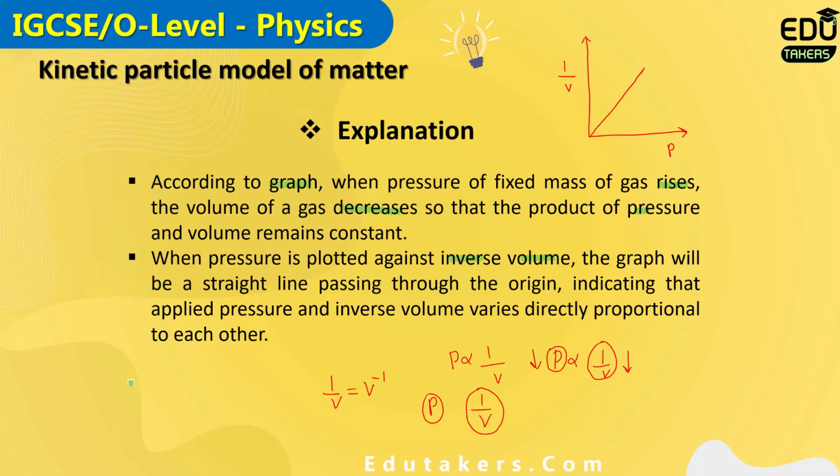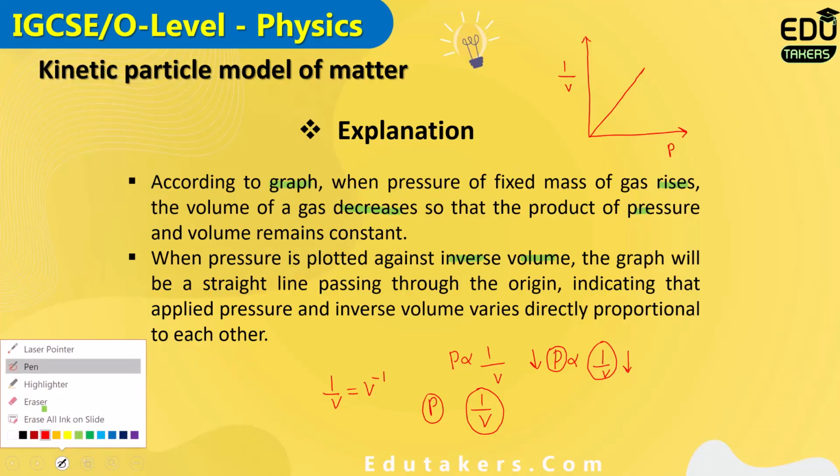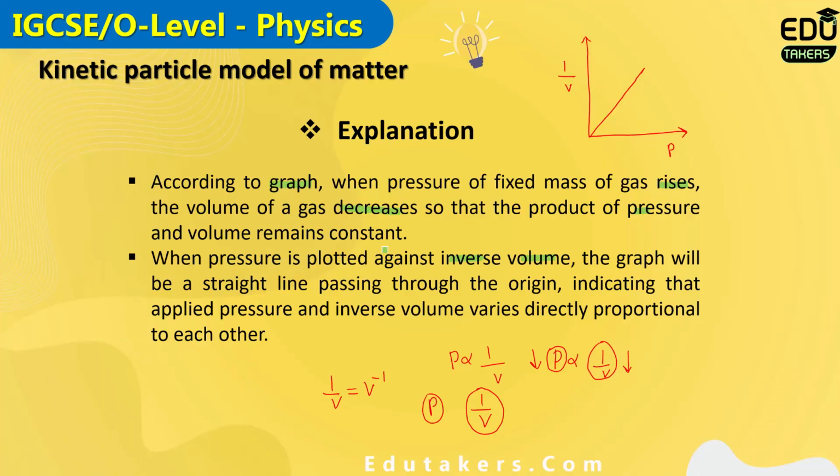The same thing is given here. When pressure of the gas is plotted against the inverse volume, the graph will be a straight line passing through the origin, indicating that the applied pressure and inverse volume vary directly proportional to each other. So this straight line shows that the pressure and inverse volume, both of these are directly proportional to each other.